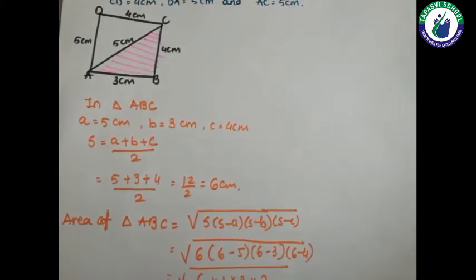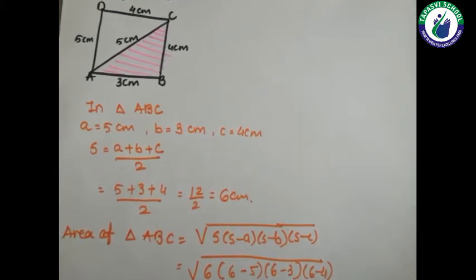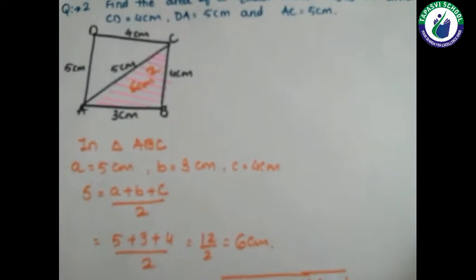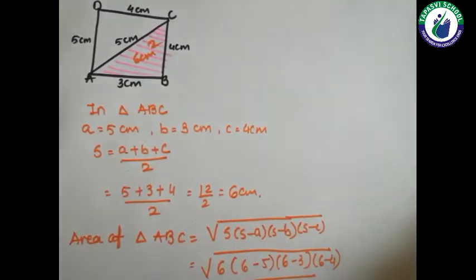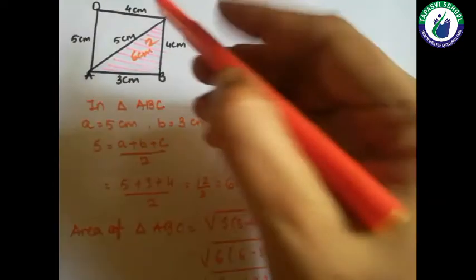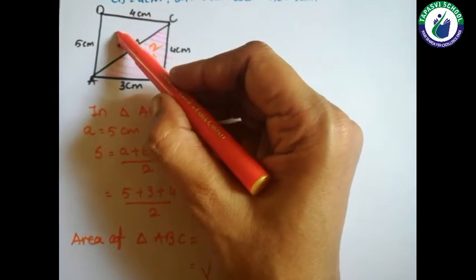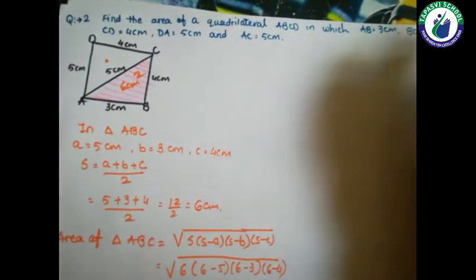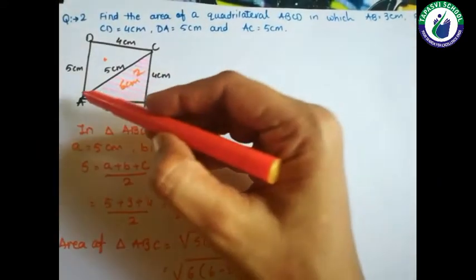So in this way, students, we will get the area of this portion, 6 centimeter square. Now in the same way, by using this formula we will find the area of this portion. So again we will apply the same concept in triangle ADC.